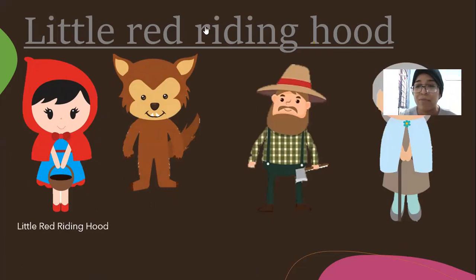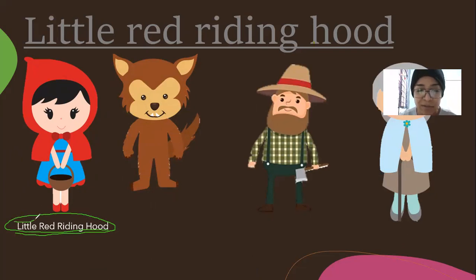Vamos a ver este vocabulary para que tú puedas identificar bien por ahí las partes de the elements of a fantasy story. Aquí está Little Red Riding Hood. Little Red Riding Hood, it's the name of the girl. La chica, es el nombre de la chica. Little Red Riding Hood. A ver, vamos a decirlo todos juntos porque sí está un poquito largo.